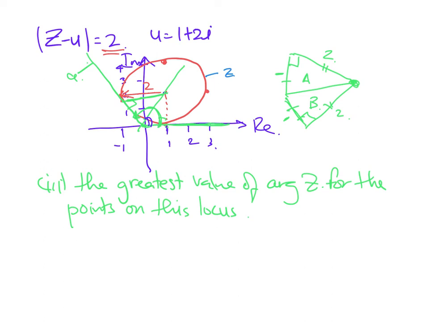So this angle, which is the same as this one, is opposite over adjacent, so arctangent of opposite over adjacent. This will give us the angle, let's say alpha. If you multiply this by 2, because they are congruent, that should be your greatest value. So let's find that.